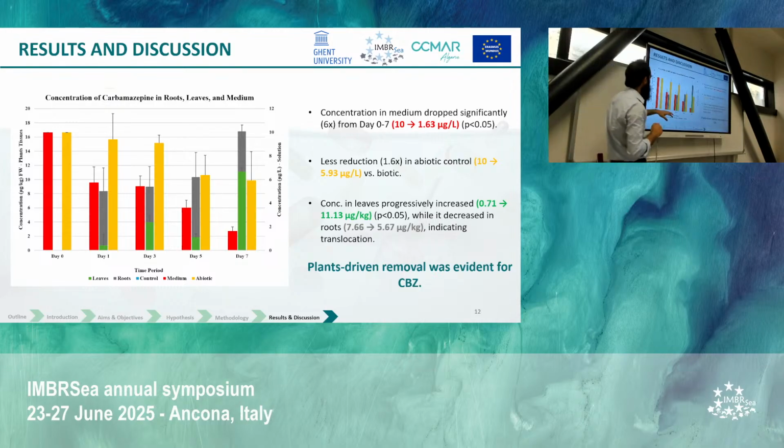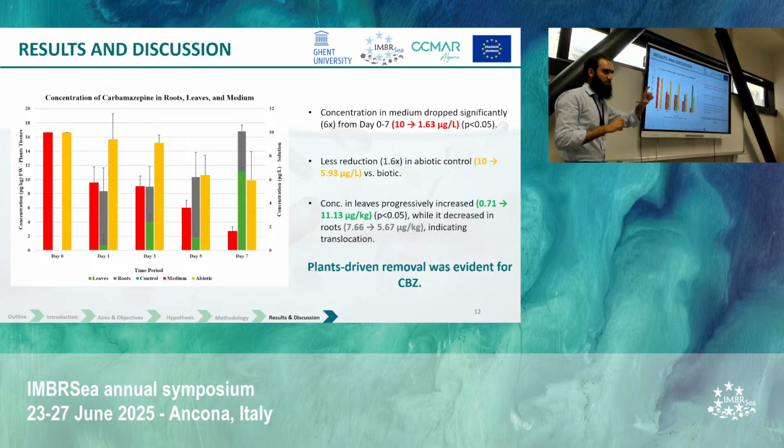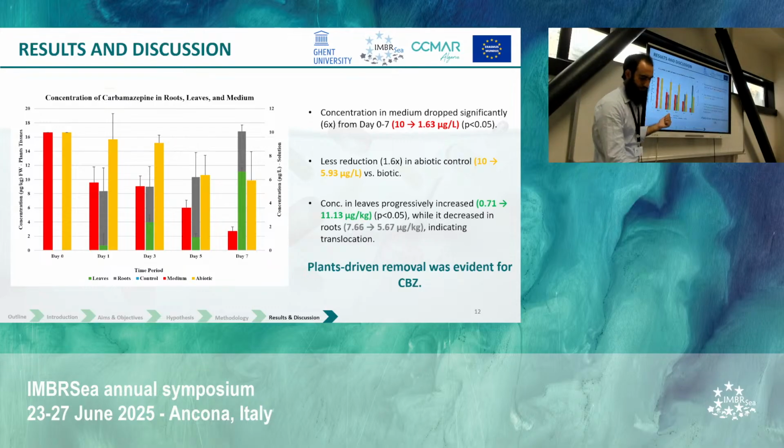When we see the concentration in the leaves, which are green, and the roots, which are gray, the concentrations in the roots are high on the first day and in the leaves it is less, and progressively it increased from 0.71 to 11.13 micrograms per kg in the leaves, and it decreased in roots from 7.66 to 5.67 micrograms per kg. So from here we can conclude that there is some plant-driven removal of carbamazepine.